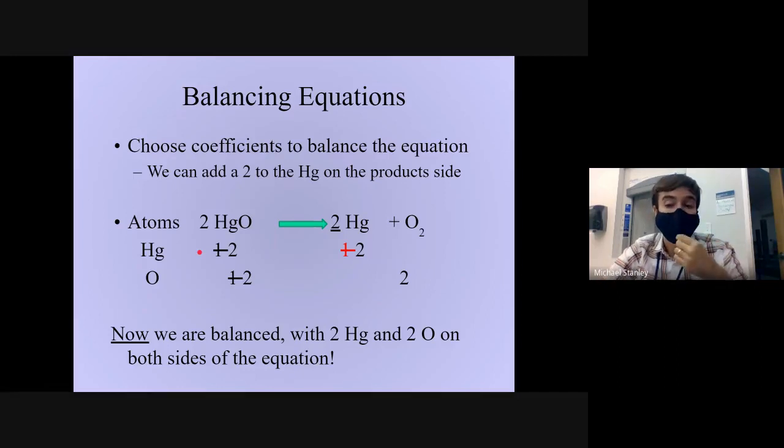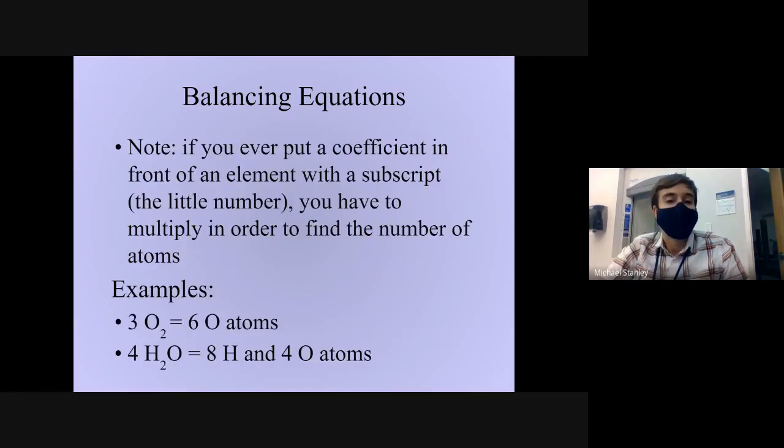One more thing that I want to mention before we move along, and that is if you have an element that has a subscript, a little number down here, and you have to put a coefficient in front of it, whenever a coefficient like this big 3 and a subscript like this little 2 interact, you're going to multiply them.